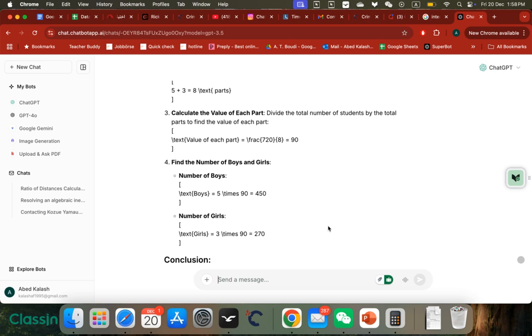No, you need to add 5 and 3 to get 8. So 8 is the whole unit of boys and girls. Oh, so we're supposed to add them. Yeah, because they said boys to girls. There are two types of ratios: 1 to 1 or 1 to whole.